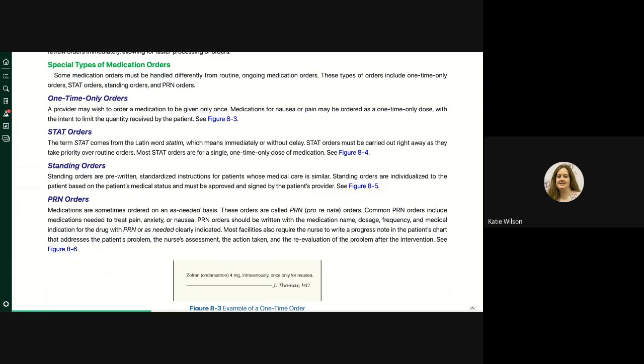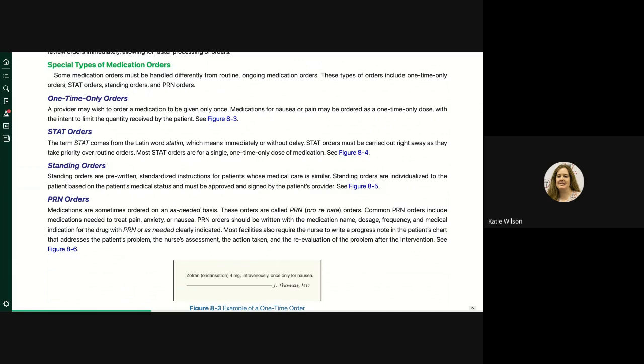Standing orders are pre-written, and they're basically a standardized set of instructions for a patient with a certain condition. So, for example, if you go to an OB floor, you're going to have a set of standing orders for a postpartum mom or a mom that's had a baby within so many hours.